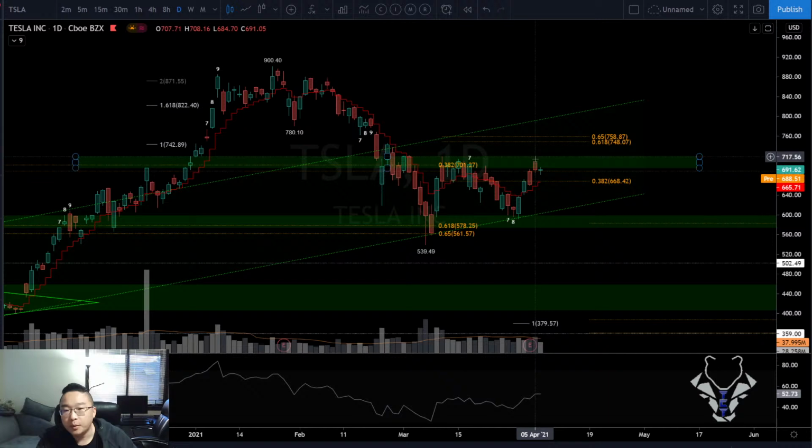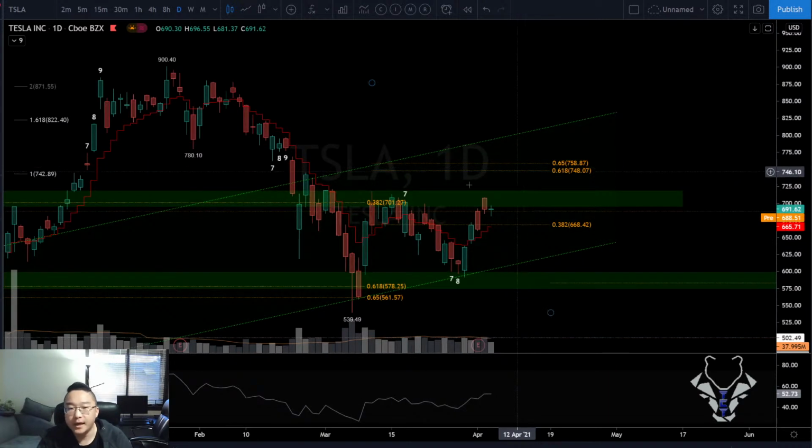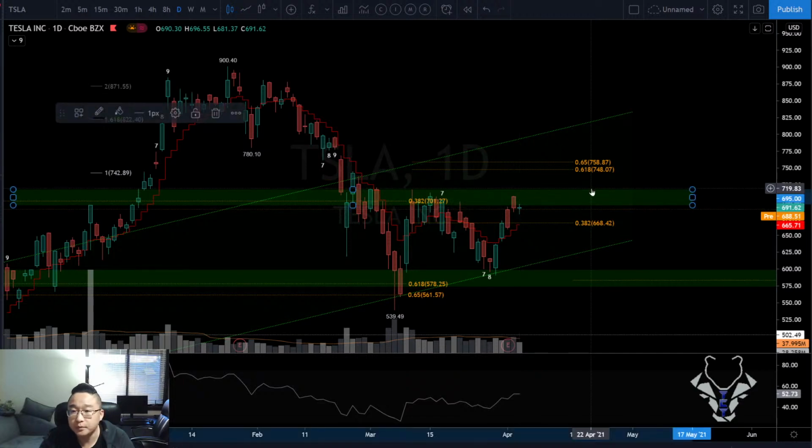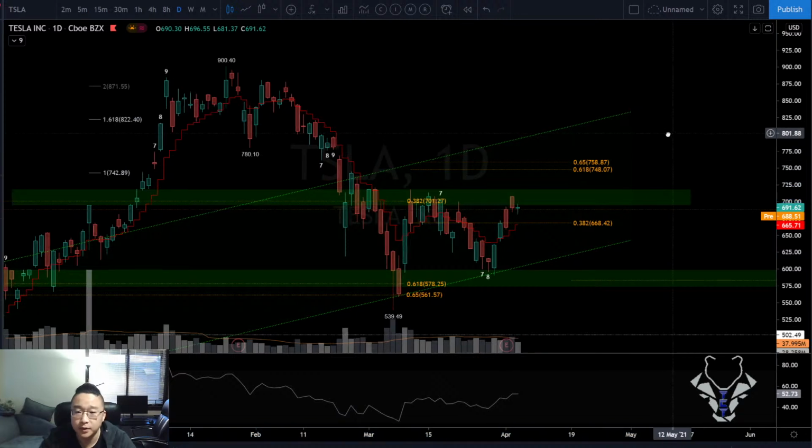The fact that we're pulling back from the 0.5 and we still can't break over this key zone where we found resistance and a little bit of support here, and then another couple rejections here, 1, 2, 3 rejections here, and now we're finding another rejection here. So this is a must break zone, 695 to 718, but the fact that we're pulling back from the 0.5 brings me to think that the chart is relatively weak.